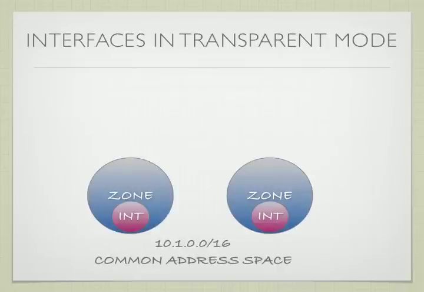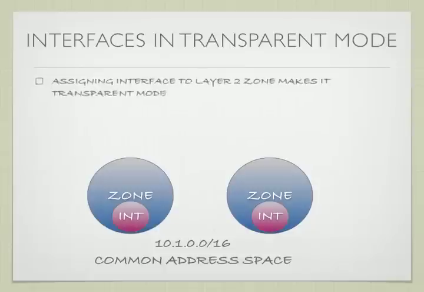So when interfaces are in transparent mode, you can have multiple zones and interfaces assigned to the same zone or different zones. The important thing about the network design is that in transparent mode, you are in a single broadcast domain.